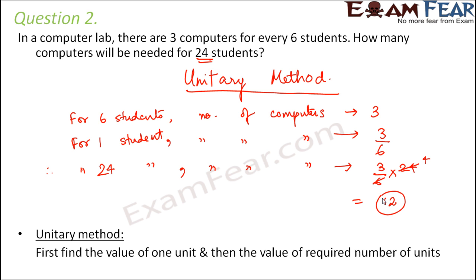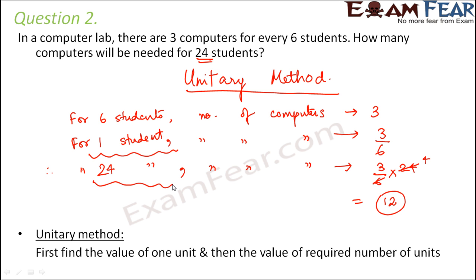The concept is that first we find the value of one unit. First we found the number of computers needed for one student, that is one unit, and then the value of the required number of units. Here the required number of units was 24 students. So first we found the number of computers needed for one student and then we multiplied it by 24 to find out the number of computers for 24 students.